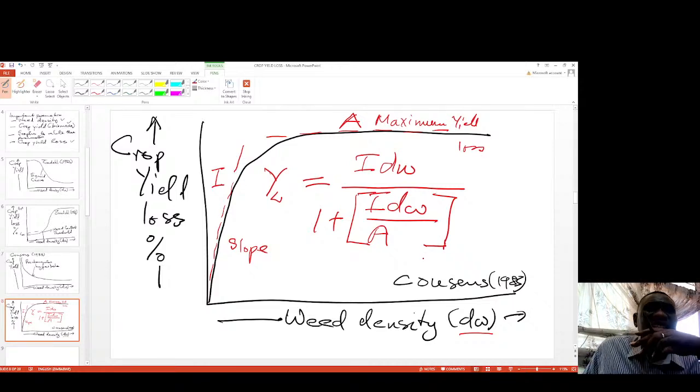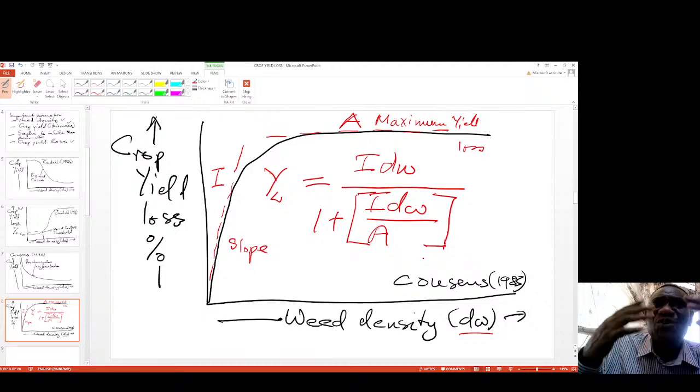can actually estimate the crop yield loss when you are trying to determine the weed density which affects crop yields. Remember, this is coming from the additive experiment.